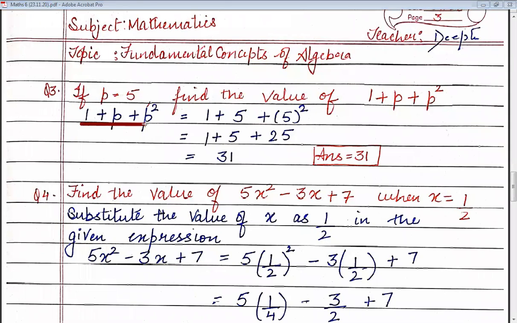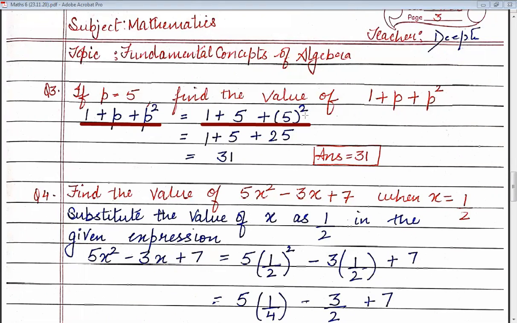1 plus p square is equal to, now I'm substituting the value of p directly. So it is 1 plus 5 plus 5 square. Now instead of p, I have substituted the value 5. And in p square, I have substituted the value as 5 square.